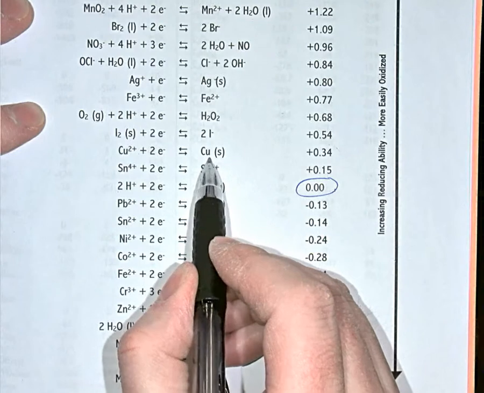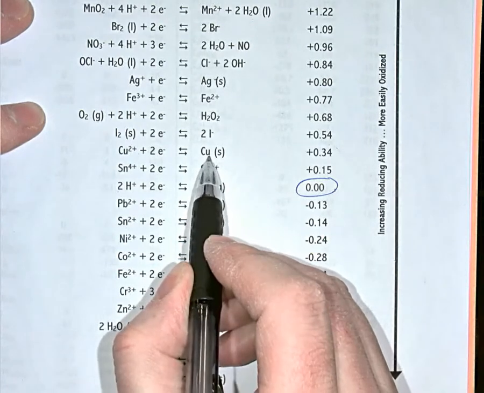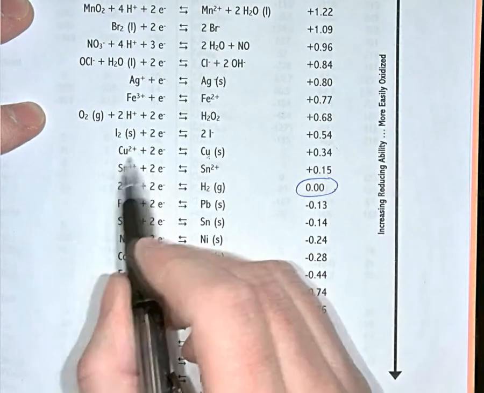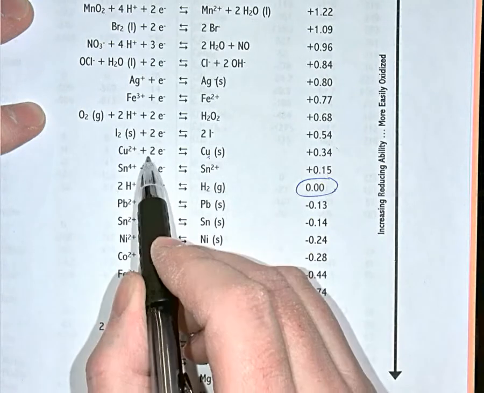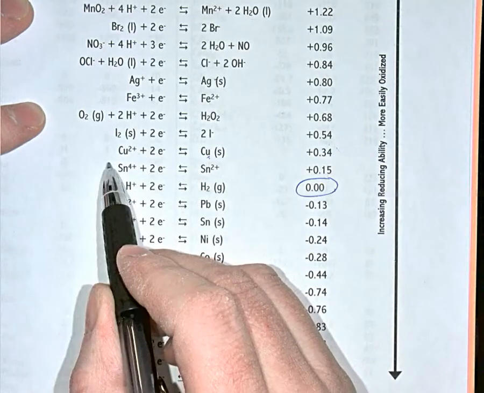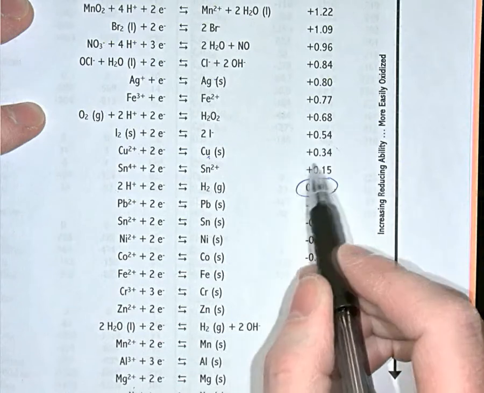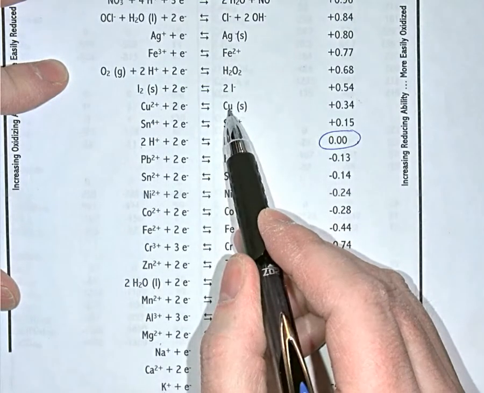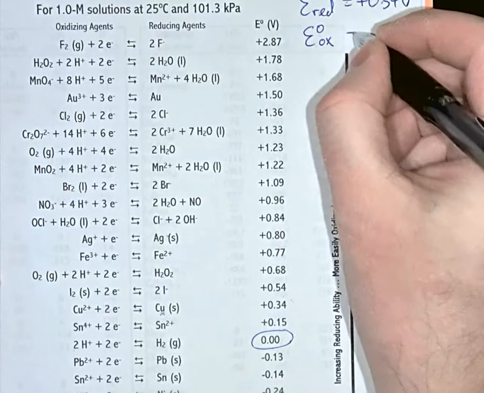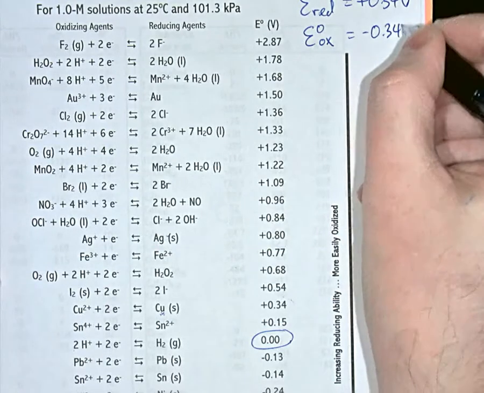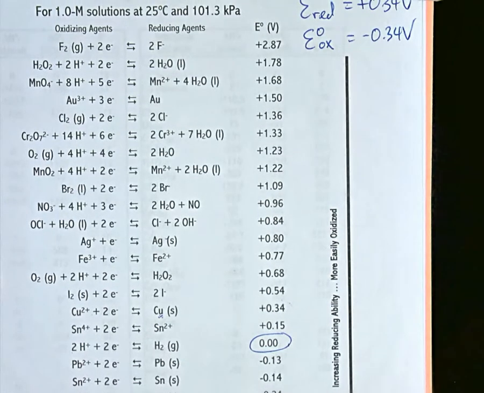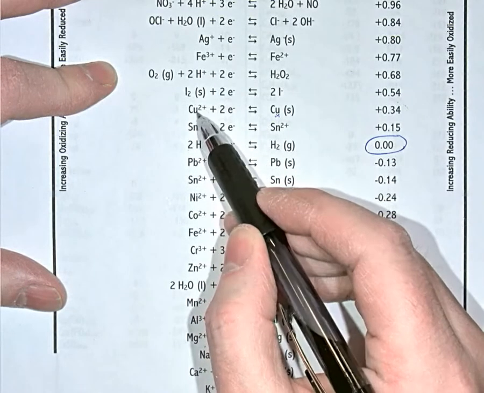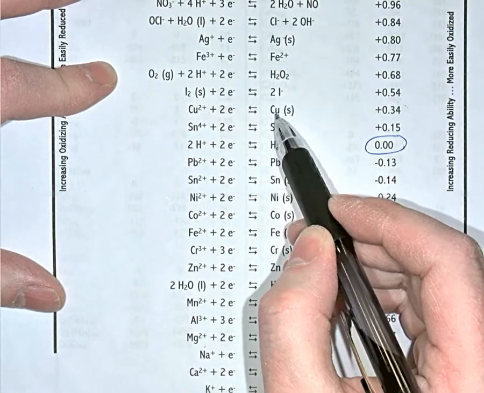On the other hand, if you wanted to read that backwards and say copper metal gets oxidized to become copper 2 plus and in the process loses 2 electrons, then this number changes its sign, and we would now say the oxidation potential for copper metal, the substance being oxidized, is negative 0.34 volts.